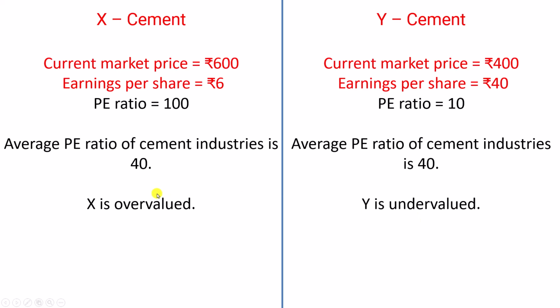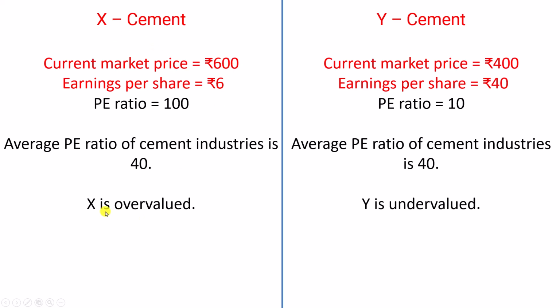Okay. Now, what does it mean when we say a company is overvalued? What we mean here is that the price of this stock or company is costly. 600 rupees, which is the current market price of this company, is costly.